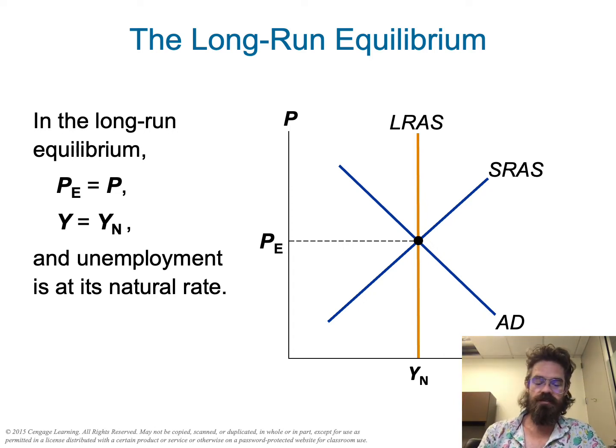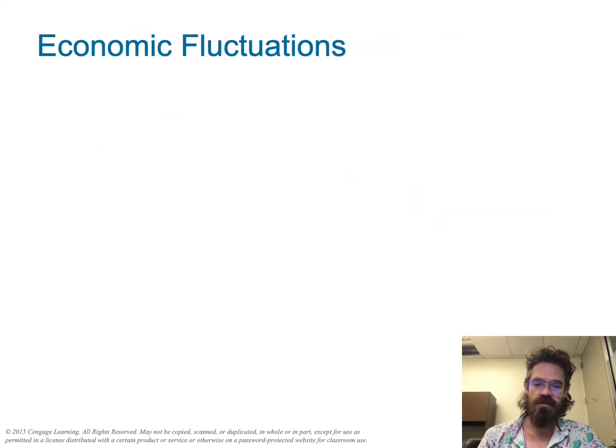So the whole point of developing this model and understanding this model is so that we can understand, evaluate, analyze, and even predict economic fluctuations. That's really the whole point. We want to be able to understand what can cause a recession, what can cause an economic boom and inflation.